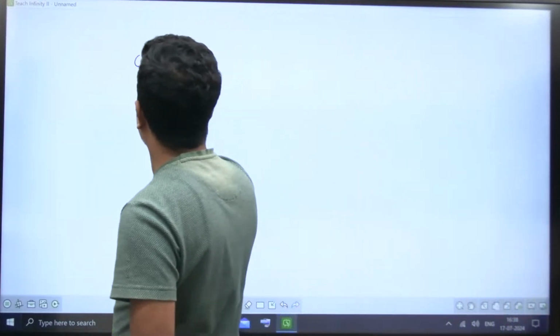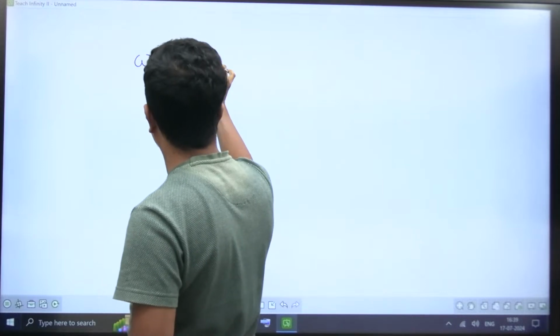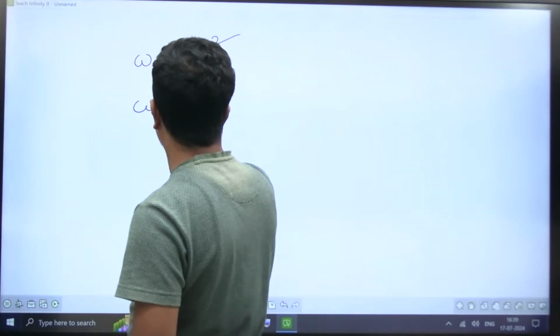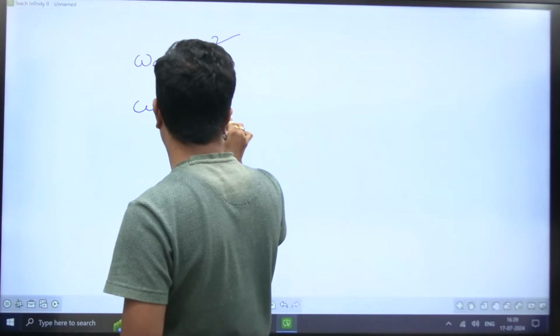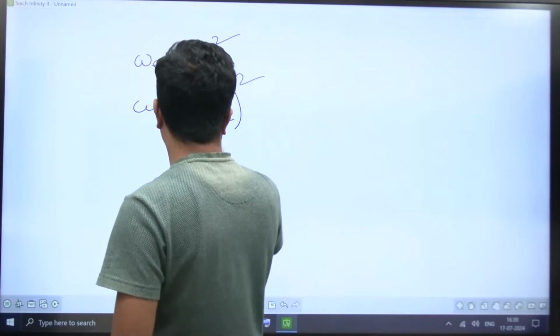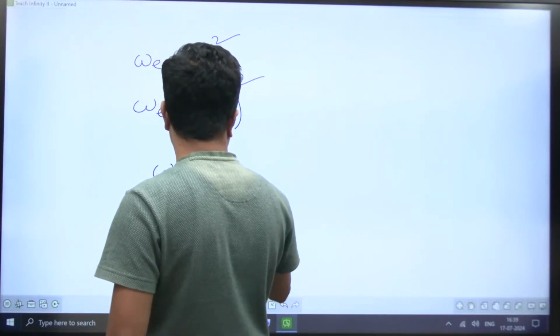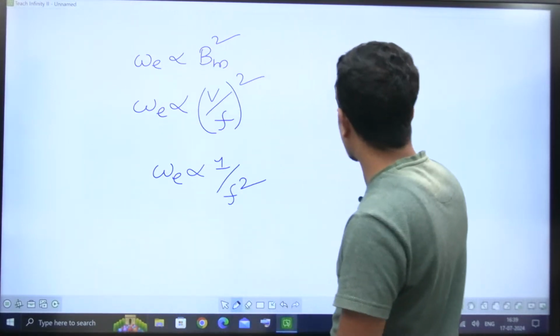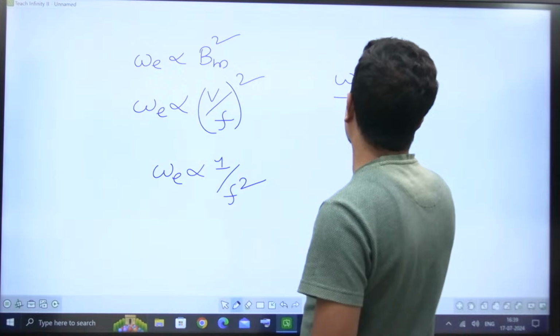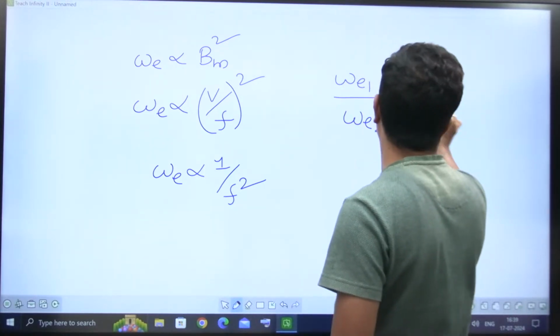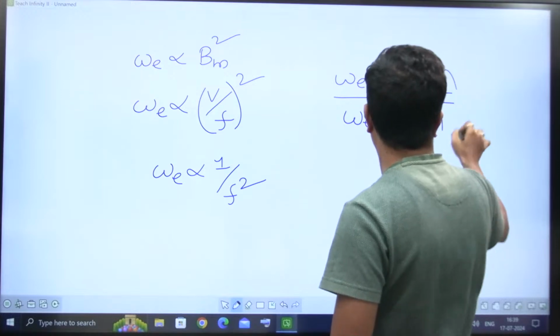Eddy current loss is directly proportional to B max square. B max is nothing but V by F. I already taught you. So eddy current loss is inversely proportional to frequency square. So WE1 by WE2 is equal to (F2 by F1) whole square.